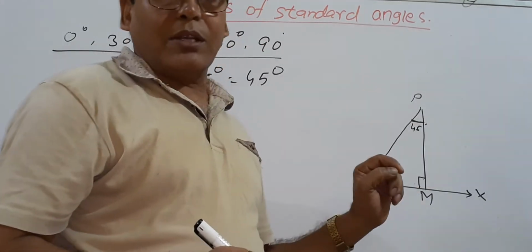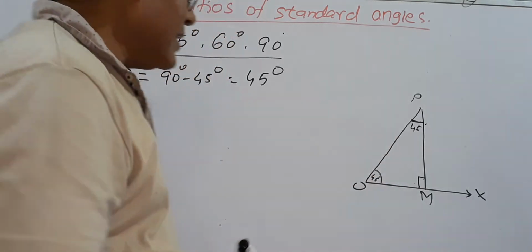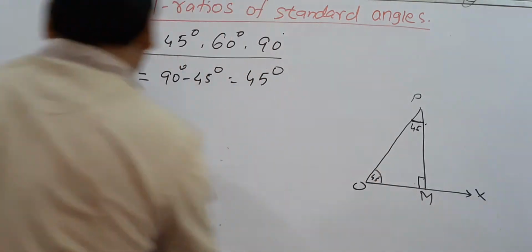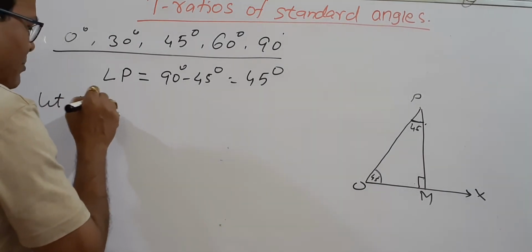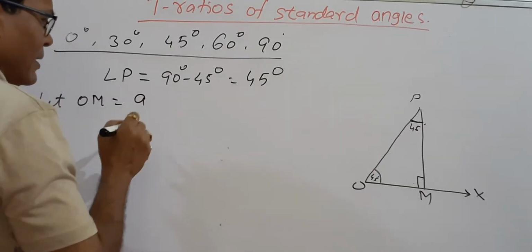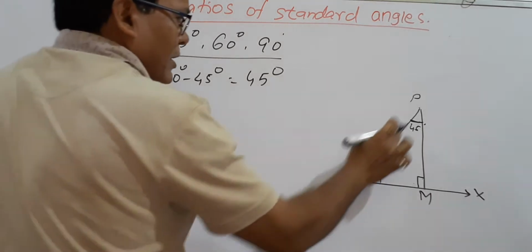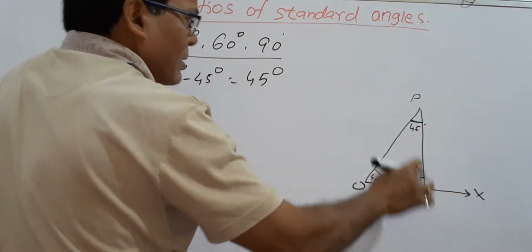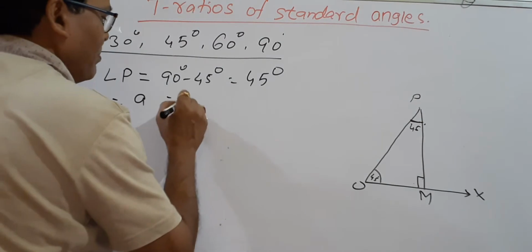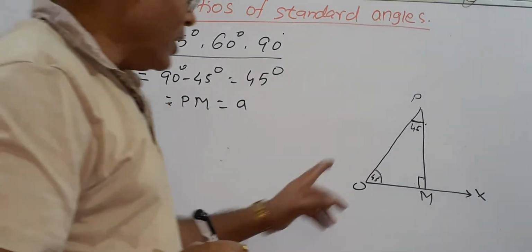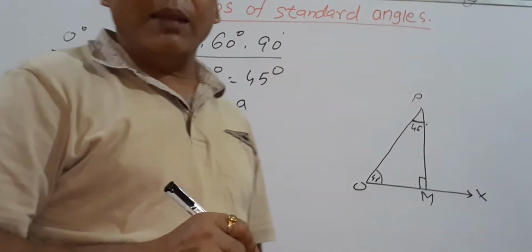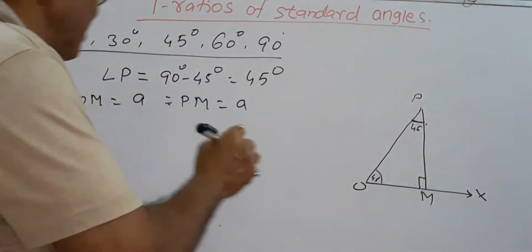Two sides became equal. So we consider OM equal to A. Since these two angles are equal, PM also becomes equal to A. So what will be OP? We have to find OP, the hypotenuse.